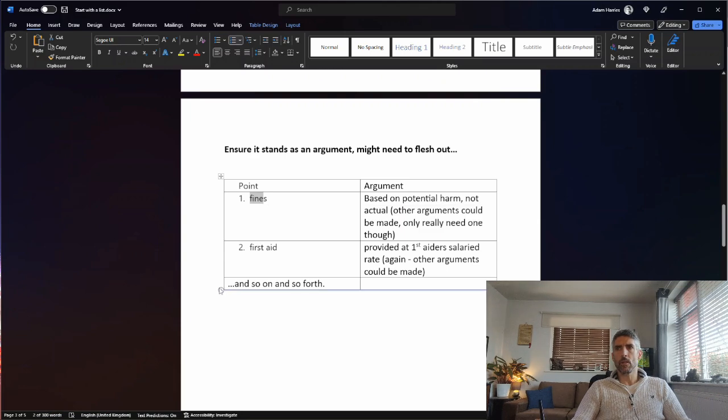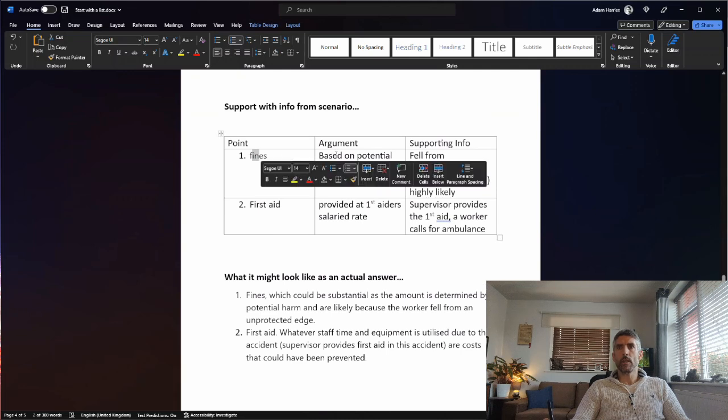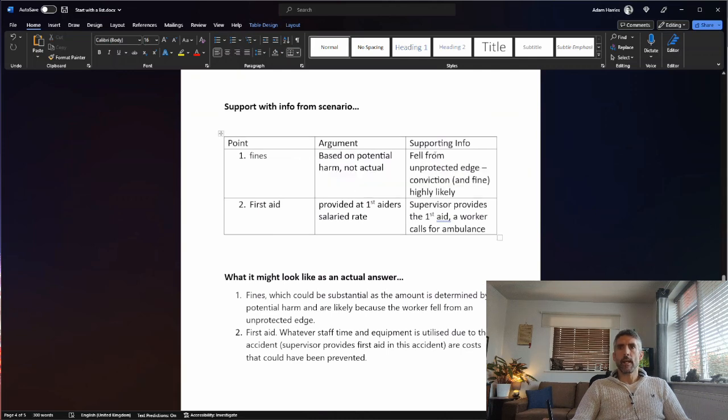Well, we can, because let me just go down to the next step here. We've got our point, we've made it into an argument, and here's the supporting information. Fell from an unprotected edge.